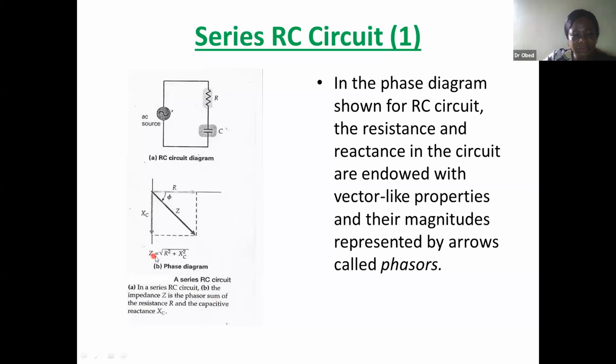This is the impedance, and it is given by this relationship. This is the formula for calculating the impedance, and if you know your mathematics very well, you will know that this is correct.